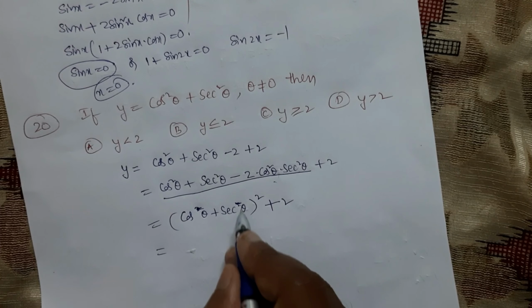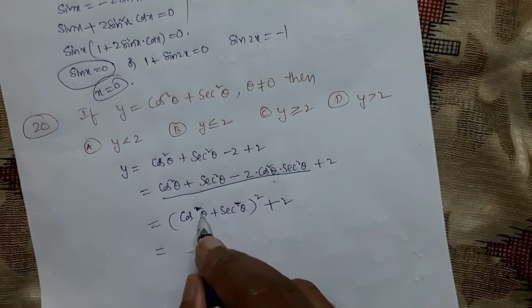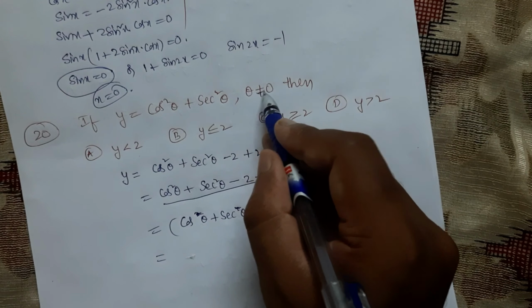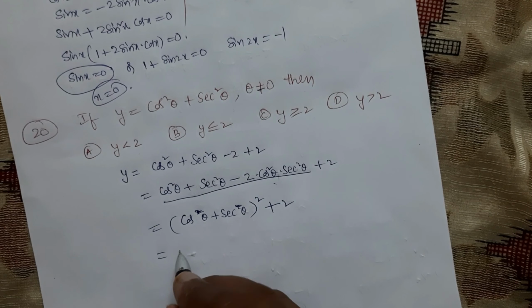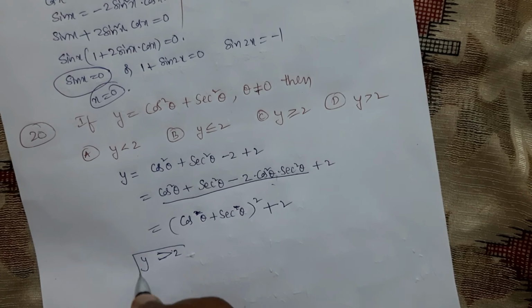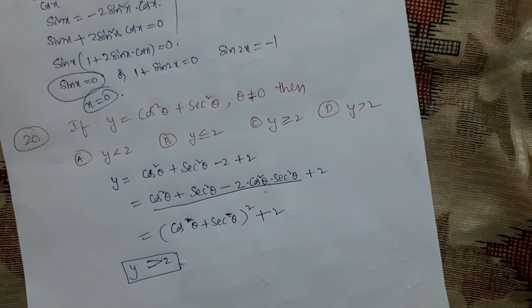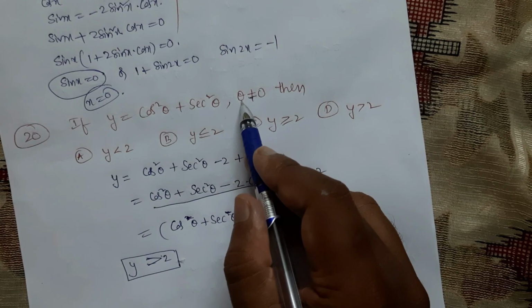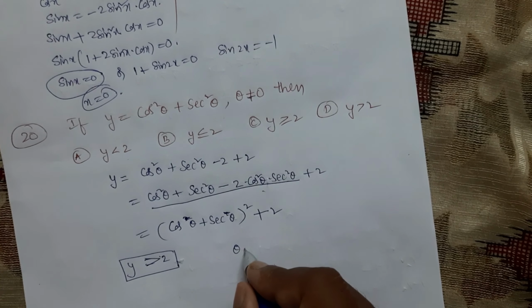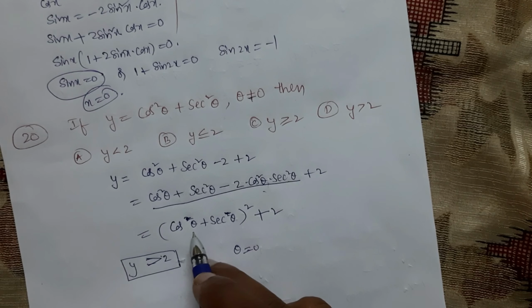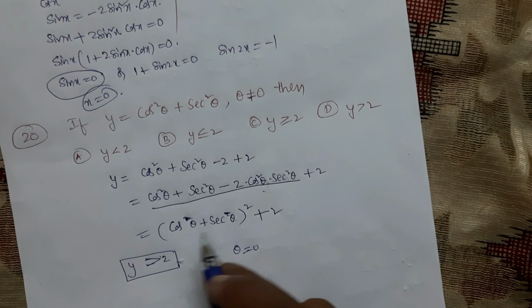But the minimum value, when is it, when theta is equal to 0. But theta not equal to 0 is given, that means y is always greater than 2. It will not be greater than or equal to 2, it will be only greater than 2.